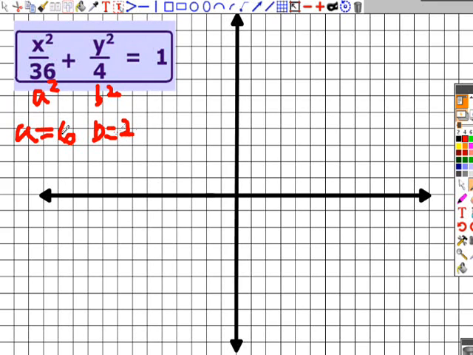Now, just look at what the numerator here is. If it's x squared, we know this is going to be plotted on the x-axis, so we're going to go over to 6, 0 right here, and then you're also going to go to negative 6, 0. Now, y squared, that's where your b is, so we're going to go to the y-axis, go to 0, 2, and then 0, negative 2, and then we can draw our ellipse.